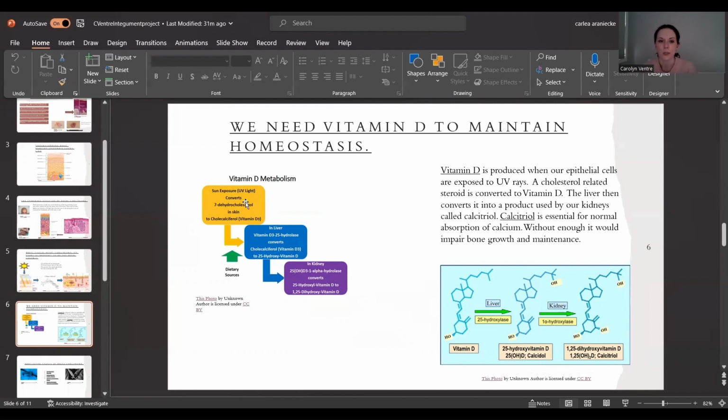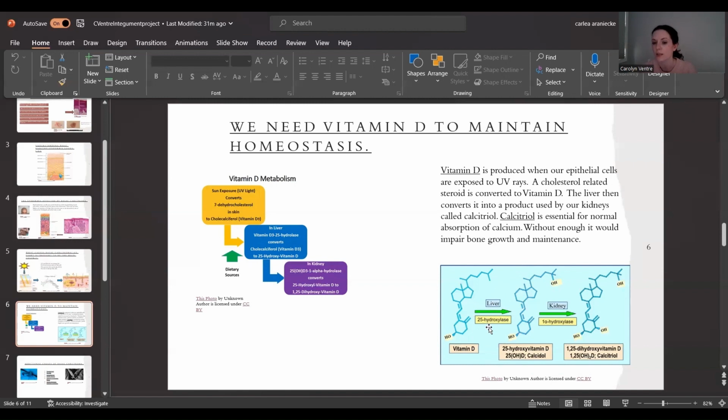So we get UV light, it converts dehydrocholesterol in the skin to vitamin D3, and then goes into our liver, and then from diet vitamin D, and then it goes to our kidneys.